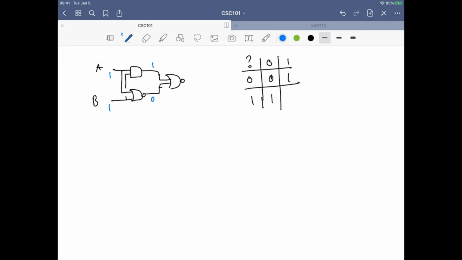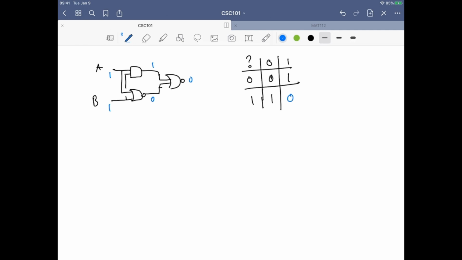And then we've got another NOR gate. So 1 or 0 would be 1, but this is a not-OR gate, so it negates back to 0 as the output. Do you guys buy that? Yes? Okay. And so we have a 0 there.